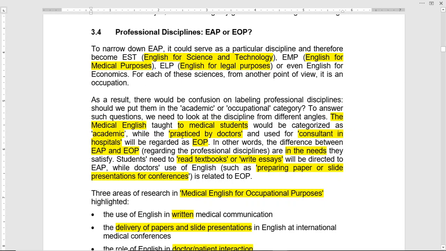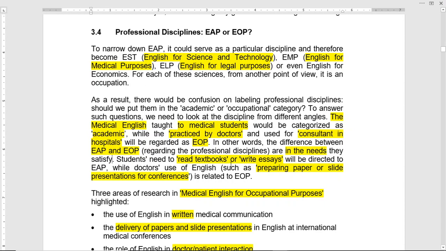The medical English taught to medical students would be categorized as academic, while the medical English practiced by the doctors and the consultants in hospitals will be regarded as English for occupational purposes. So the difference is in the needs they satisfy.